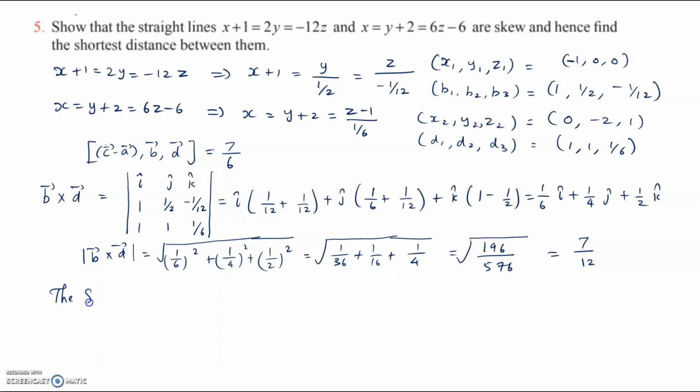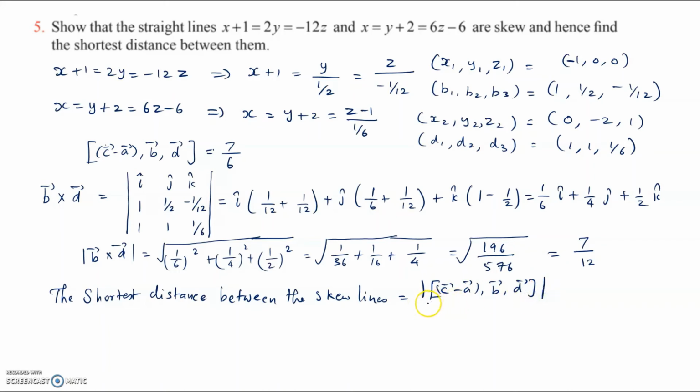Now the shortest distance between the skew lines is equal to the absolute value of the scalar triple product C, B, D, divided by the magnitude of B cross product with D, which is equal to, this is 7 by 6 here, so 7 by 6 over 7 by 12.